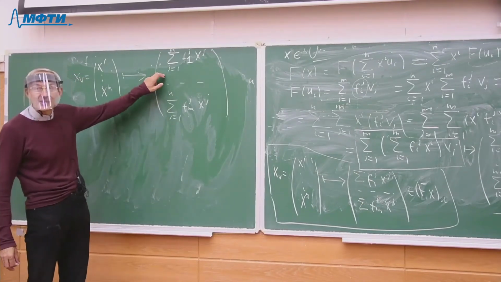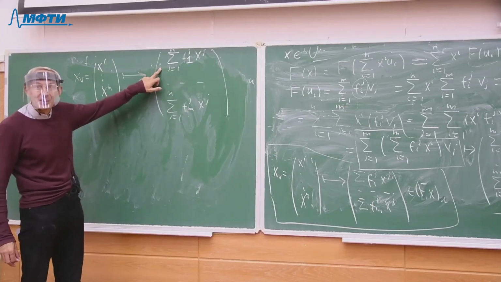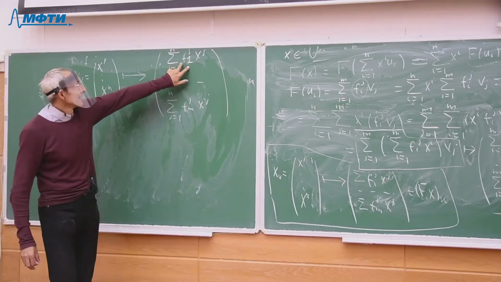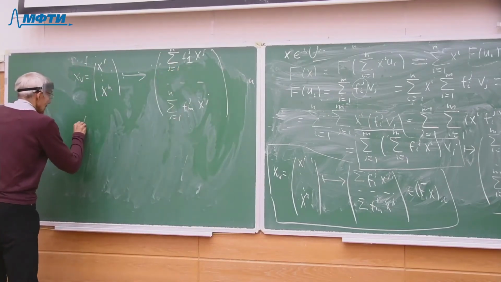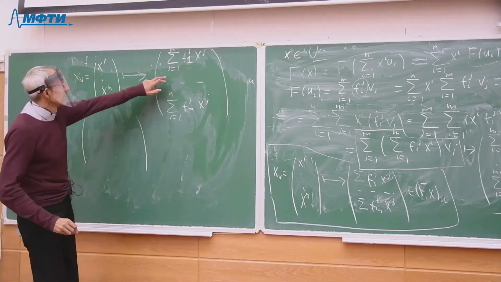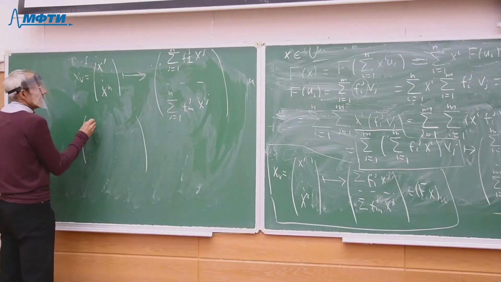You obtain the column-row multiplication. Let's rewrite this equality as a multiplication.